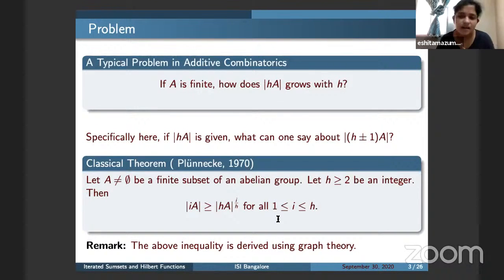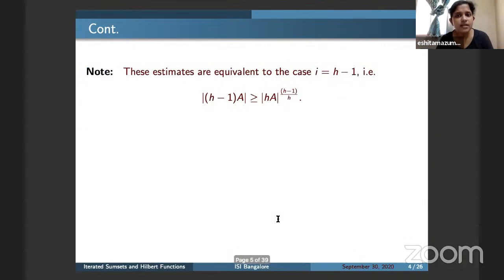Here i is running from 1 to h. Now this classical result is equivalent to the case i equal to h minus 1, that is, the cardinality of the (h minus 1)-fold sumset of A is greater than or equal to the cardinality of the h-fold sumset of A to the power (h minus 1) by h.